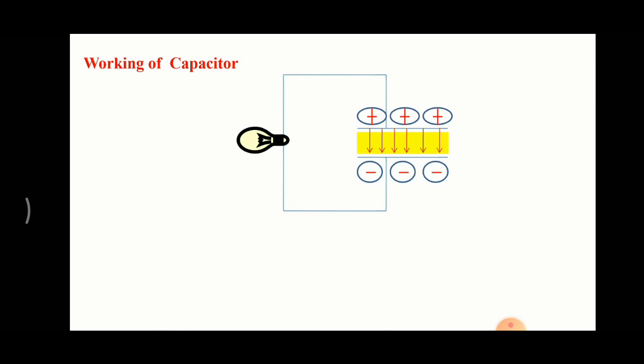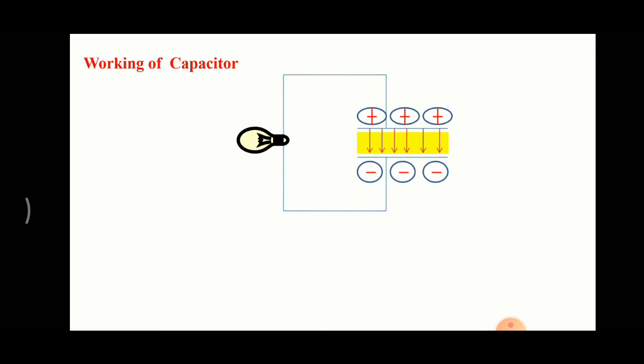Even if we remove the voltage source across this capacitor, the charges developed across the two plates remain as they are, until we apply a conductive path to the capacitor. If we connect a bulb instead of the voltage source, the charges remain the same on the plates.